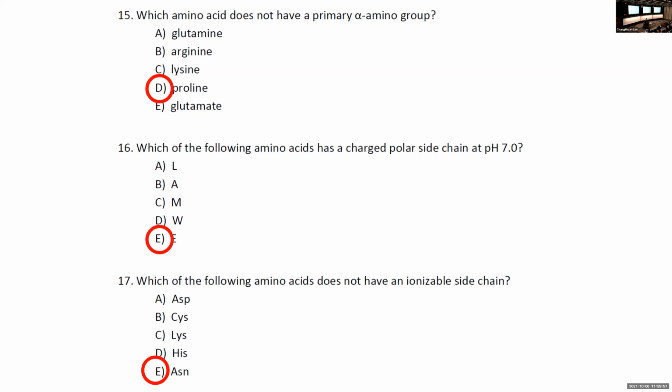Exactly. So you can't measure the pH of glutamic acid here, E. You can't do that because the pH is the state, right? If there's some kind of solution, you can measure pH. But if you just put one substance in there and measure the pH, that's impossible.